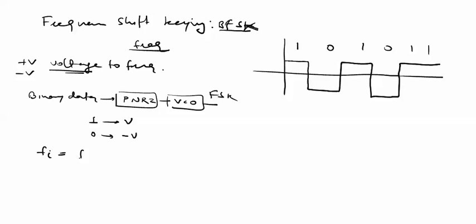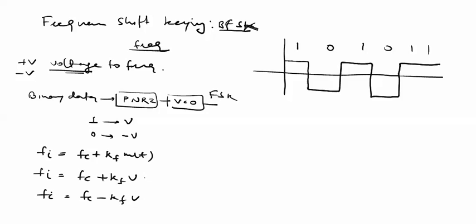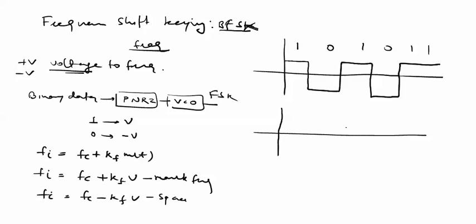Instantaneous frequency is FC plus KF V, or FC minus KF V. Mark frequency, space frequency. We can segregate these two frequencies accordingly.